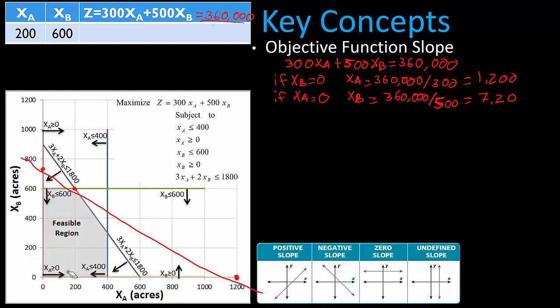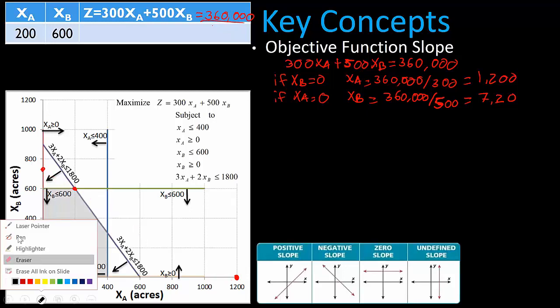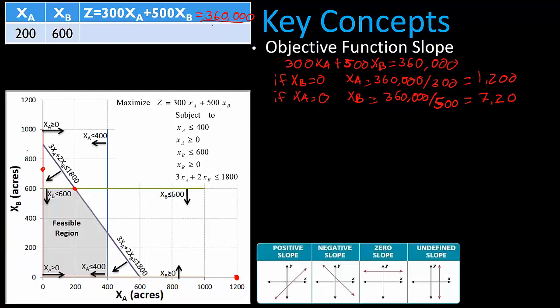Okay, why do I want to draw it? Definitely this is easier on the whiteboard. So that's the line. As you can see, we evaluated somewhere in here, and also in this corner here, and then also in this corner here.